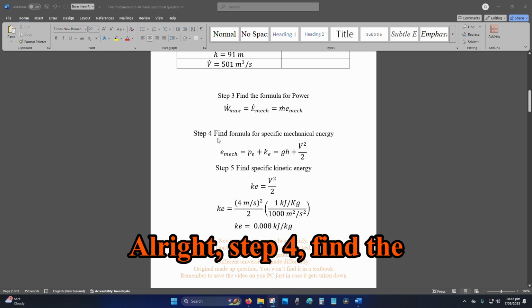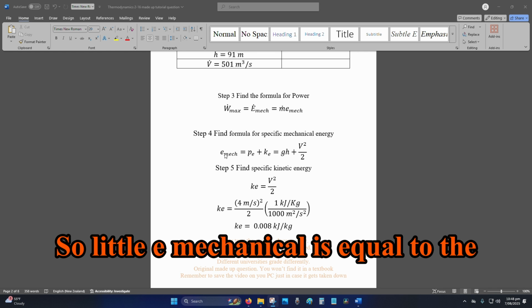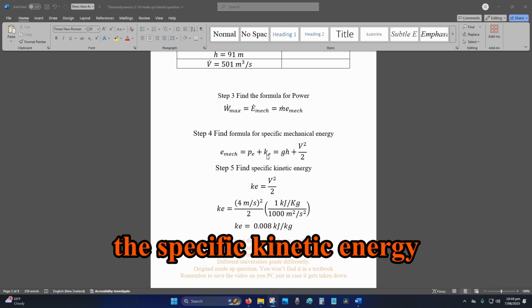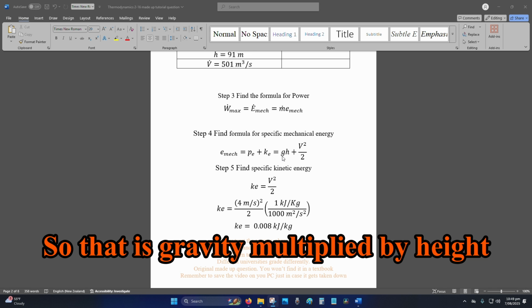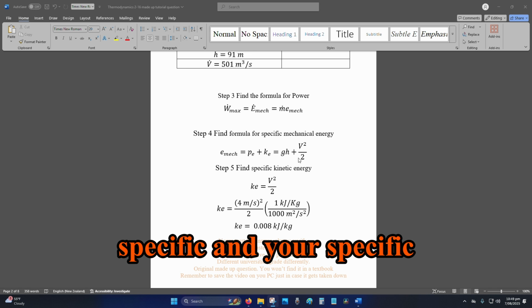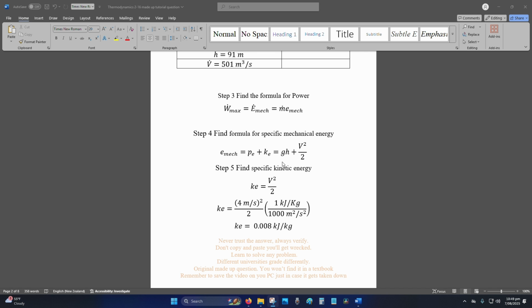Alright, step 4. Find the specific mechanical energy. So little e mechanical is equal to the specific potential and the specific kinetic energy combined. So that is gravity multiplied by height for your specific potential energy, and your specific kinetic energy is your velocity squared divided by 2.